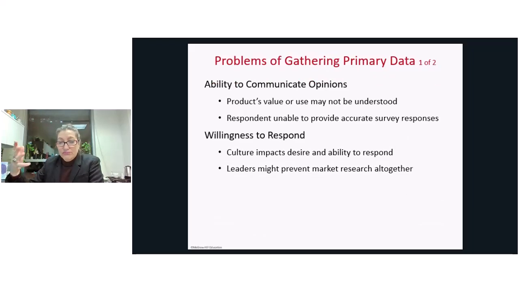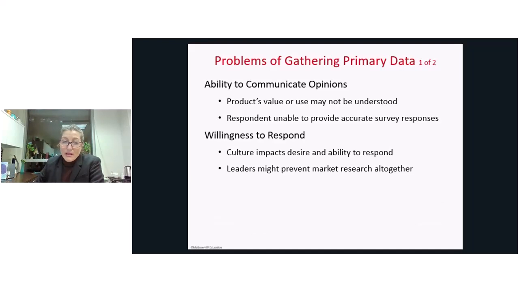So what's the problem with gathering primary data? Well, it costs money. It's very expensive. And the product that is in question that's being researched may not be well understood. So respondents may not be able to provide accurate survey responses, and hence we would turn to qualitative research in that regard.